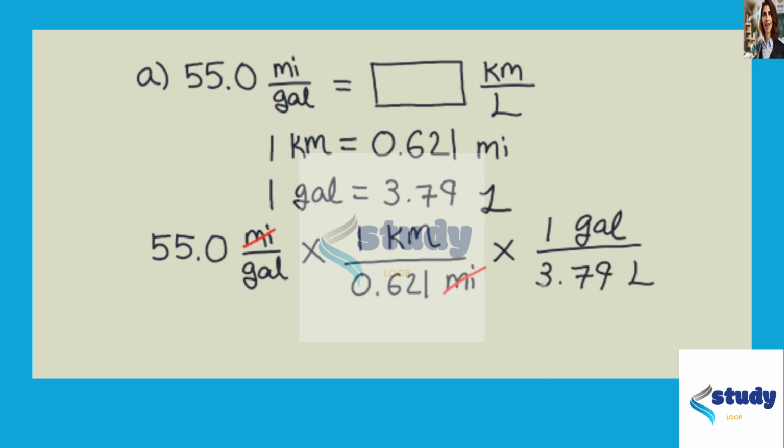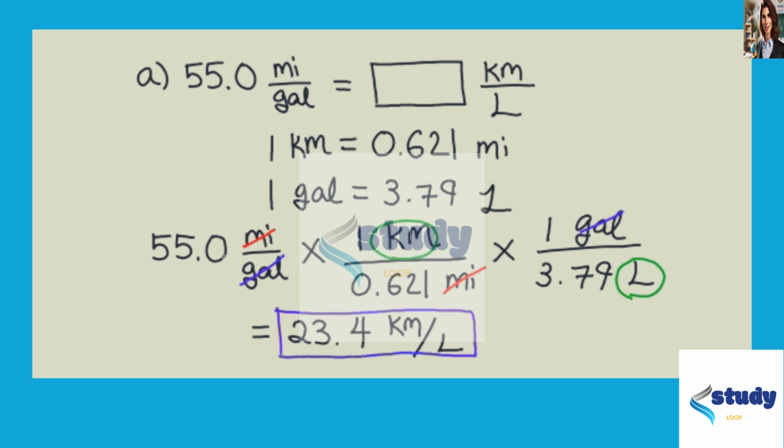So here my gallons cancel out and I'm left with some new value in terms of kilometers per liter. So if I plug this into my calculator, I will get 23.4 kilometers per liter. And that is our mileage in terms of kilometers per liter.